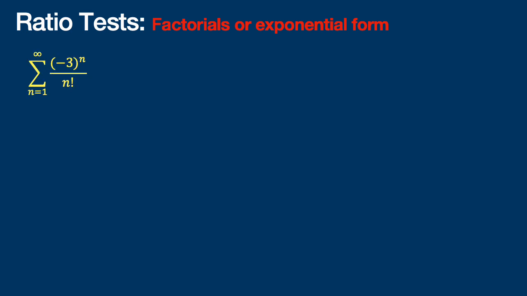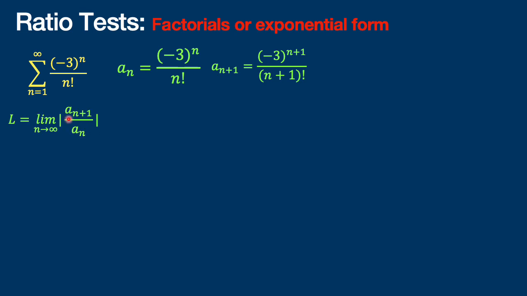Let's have another alternating series. So you see, here is n factorial. Here is exponential form. So we're going to use the ratio test. What is a_n? a_n is going to be (-3)^n over n factorial. a_(n+1), the next term, is going to be (-3)^(n+1) over (n+1) factorial. Let's find the ratio and take a limit. So the ratio is a_(n+1) over a_n.